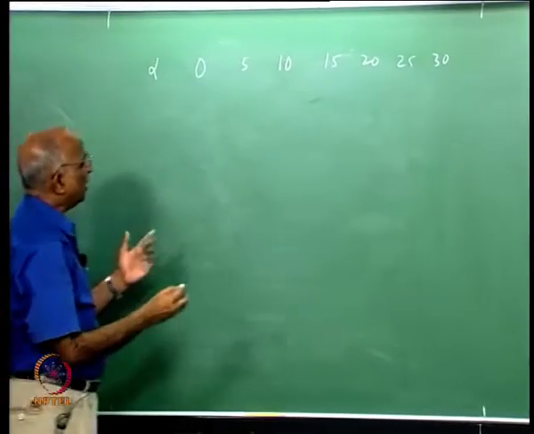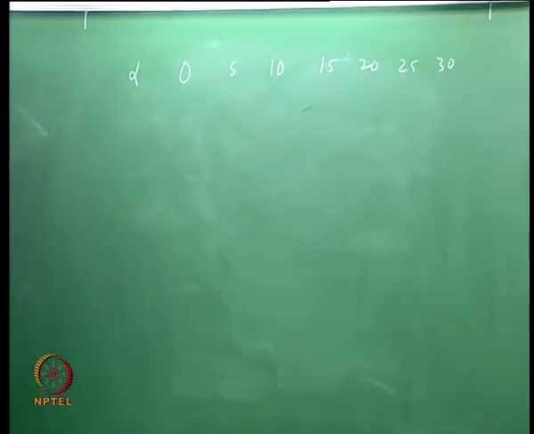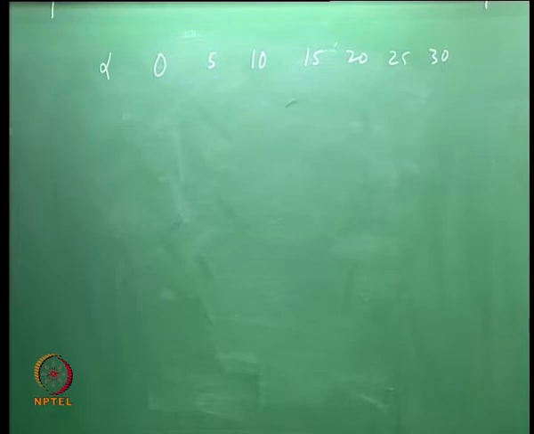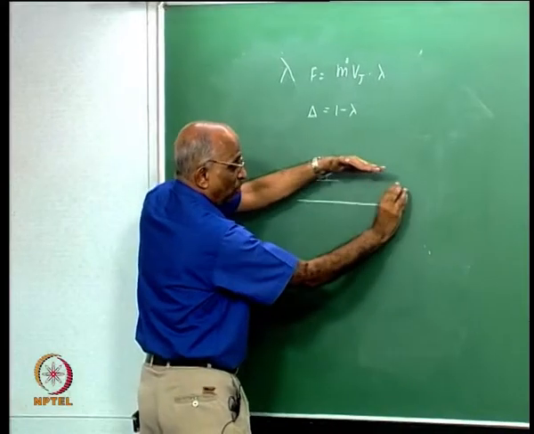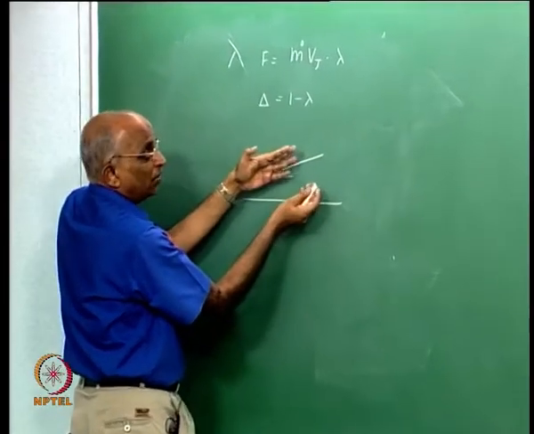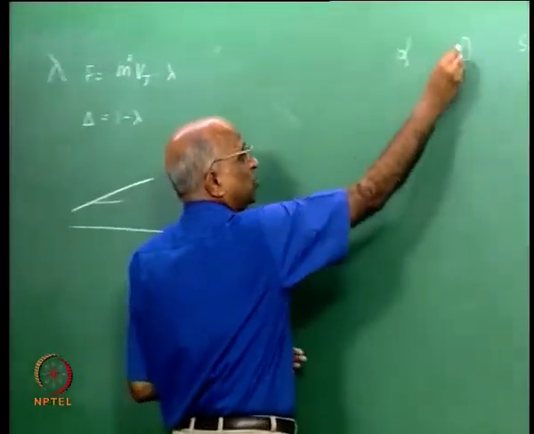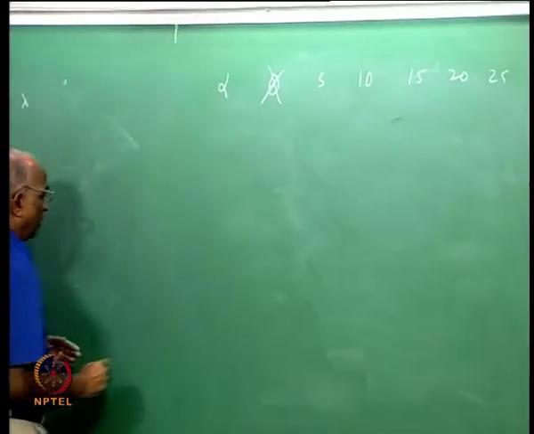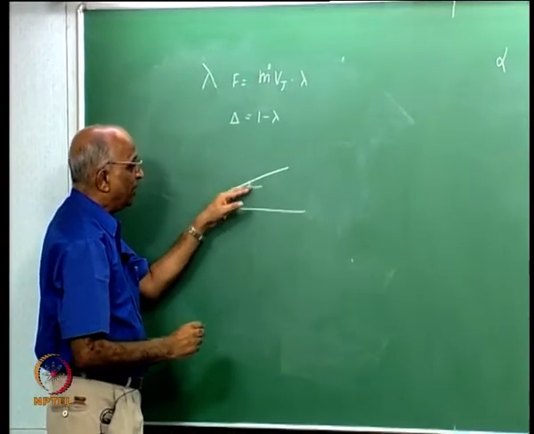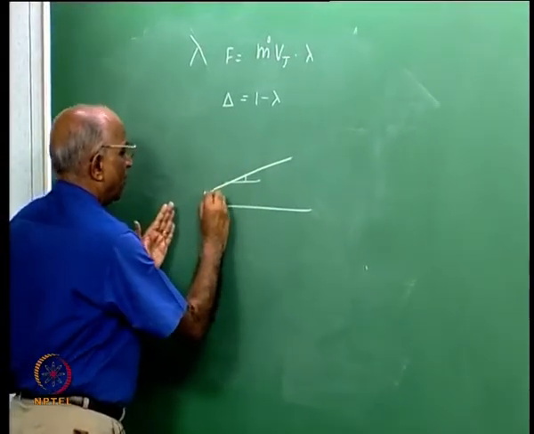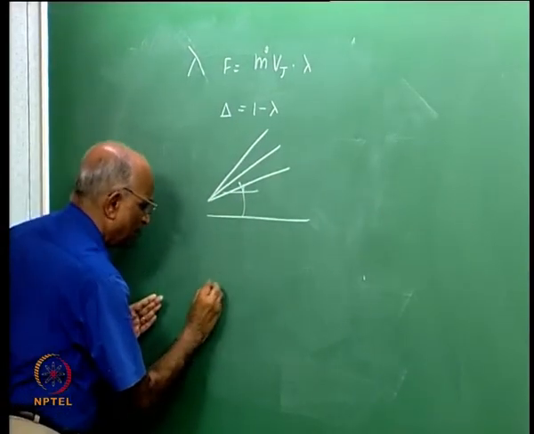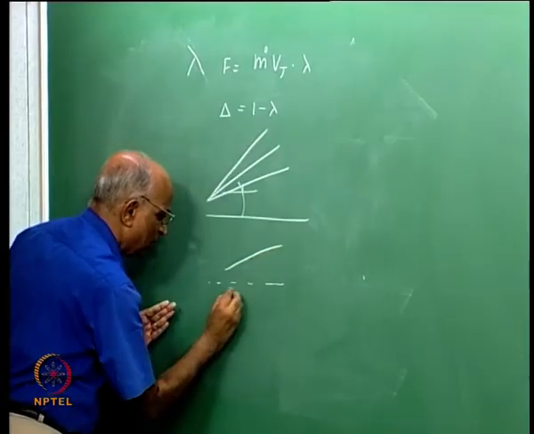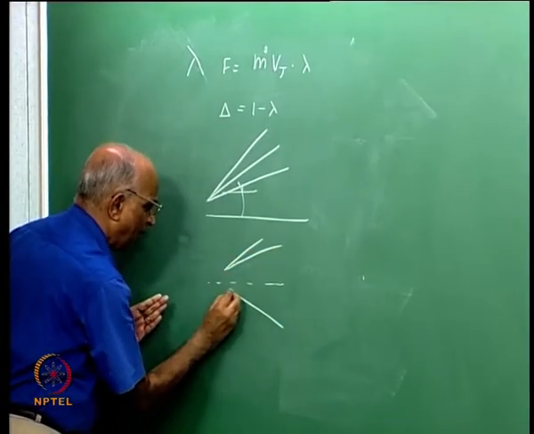In other words, I am looking at different nozzles for which the half divergence angle varies from 0 degrees, in which case I have total effect but it is not divergent, therefore this is really not a case to be considered, but let us include that, or 5 degrees, 10 degrees and so on. I am varying the divergence angle.